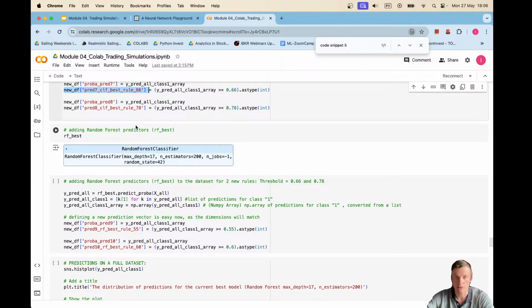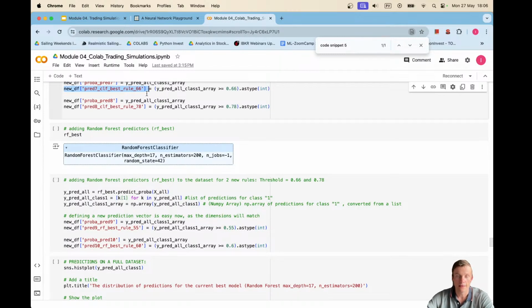It would be a too limiting decision rule, because a random forest classifier is a different model. It is a more generic model. That's how we have prediction number 9 and prediction number 10.